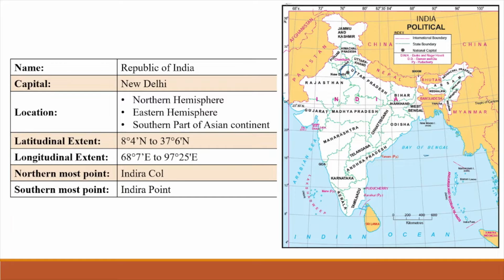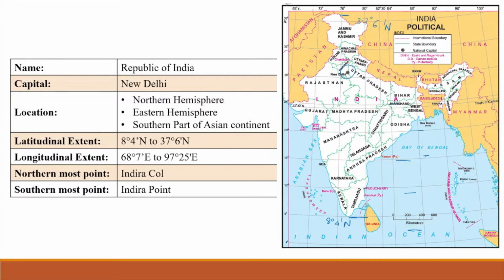We know that latitudes are horizontal lines. So we will see the northernmost part of the country and the southernmost part of the country. Here, it is 8 degree 4 minutes north all the way up to 37 degree 6 minutes north.